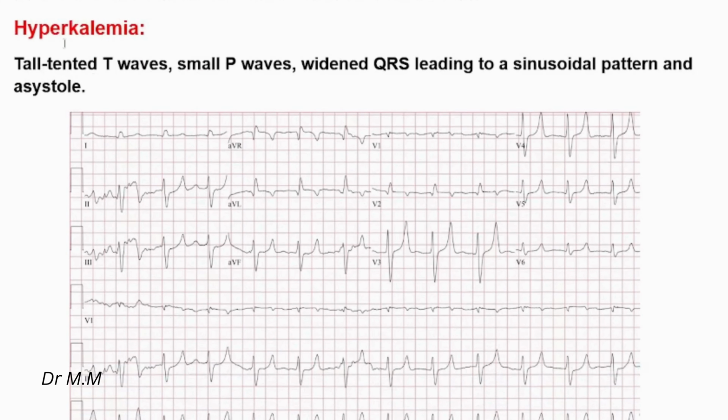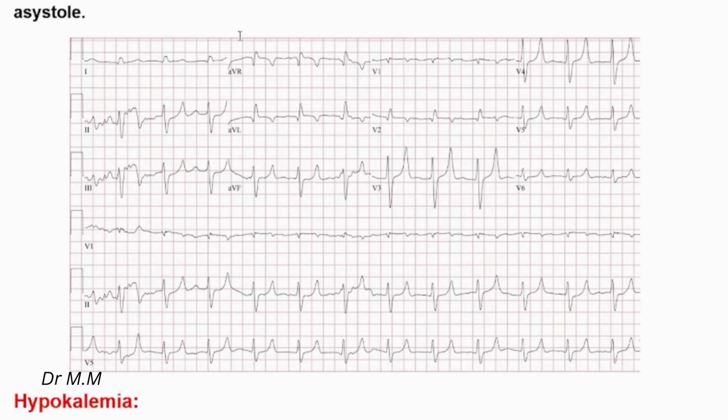Hyperkalemia, with tall tented T waves, small P waves, and widened QRS leading to a sinusoidal pattern in asystole, shows itself in the ECG. As we can see in this ECG with hyperkalemia, we have tall tented T waves in some leads, even taller than the QRS complex.